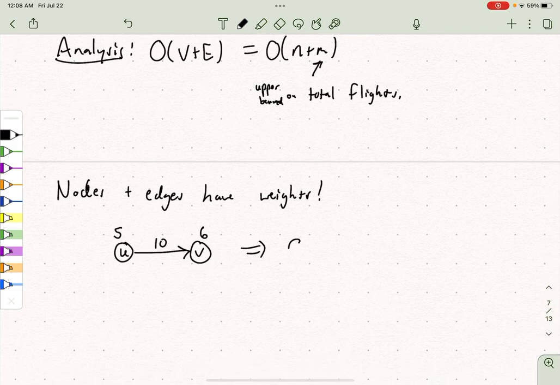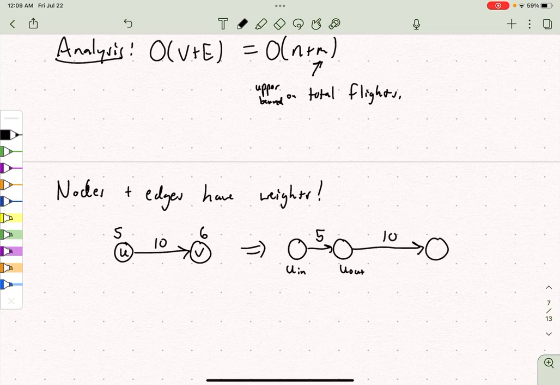Well, we're going to split the node into a u in, a u out, and have the edge between them be 5. So we're still getting that 5 node cost. It's just now in an edge. Then we have our 10. This is v in. This is v out. And this has weight 6.